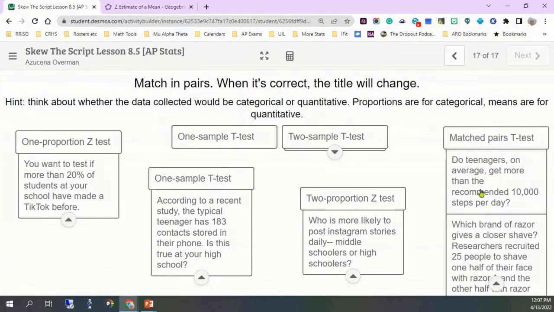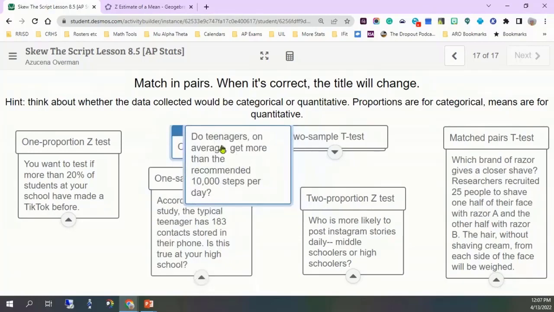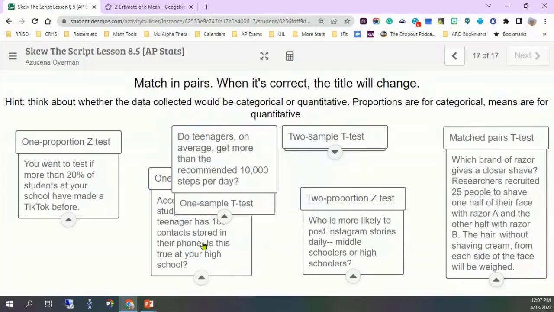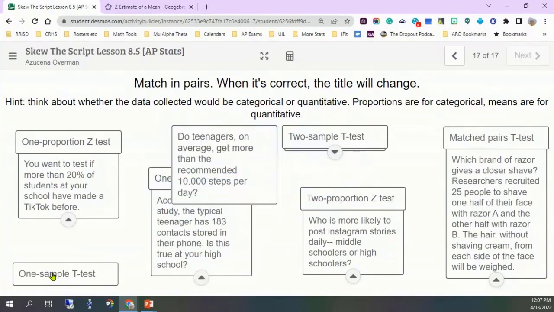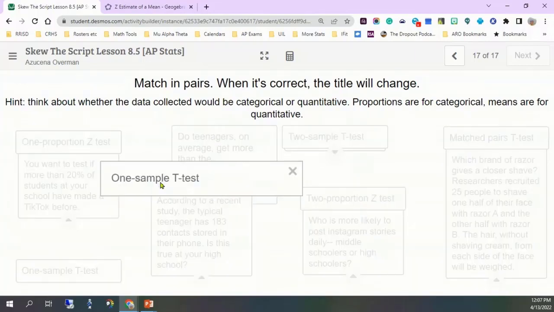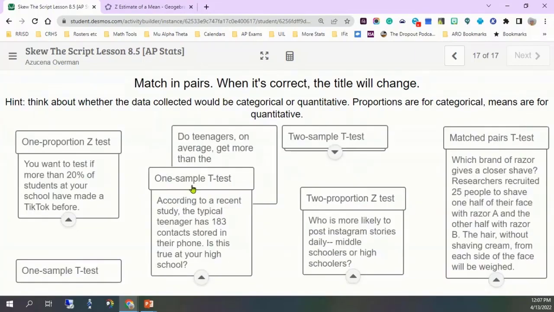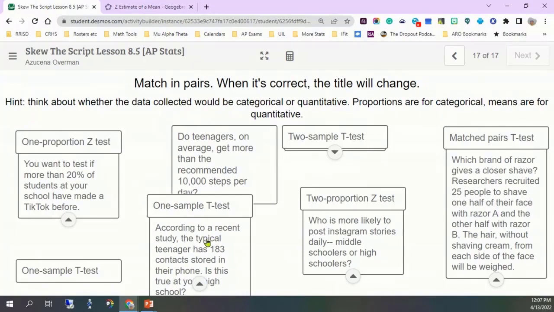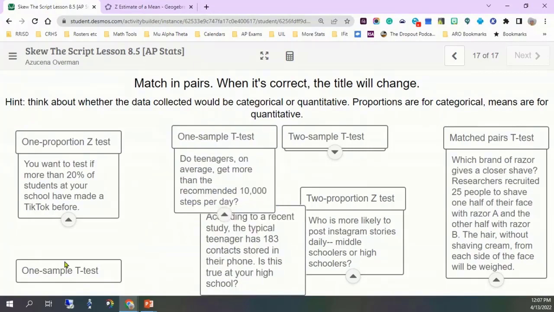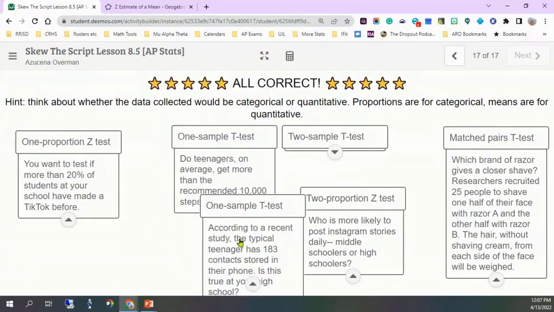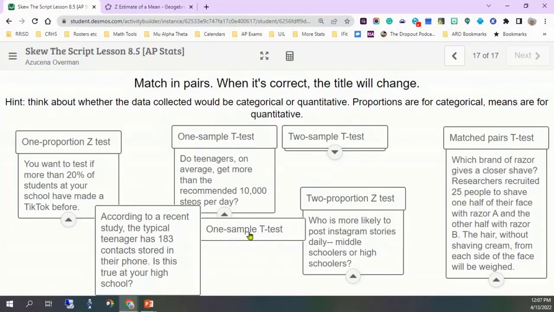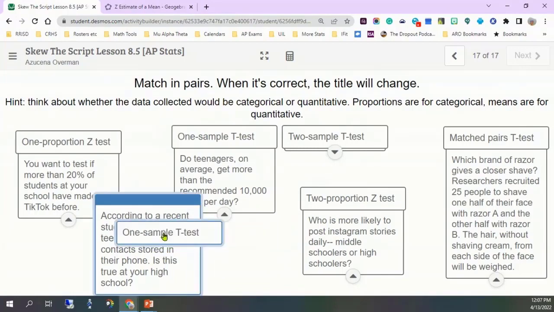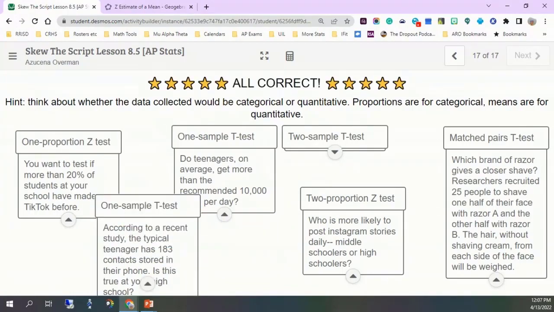Here we go. I get more than the recommended steps. That's why I don't have the right answer. I want to make my title change. There we go. All correct. All right. Oops. Go back. Okay. And we're done.